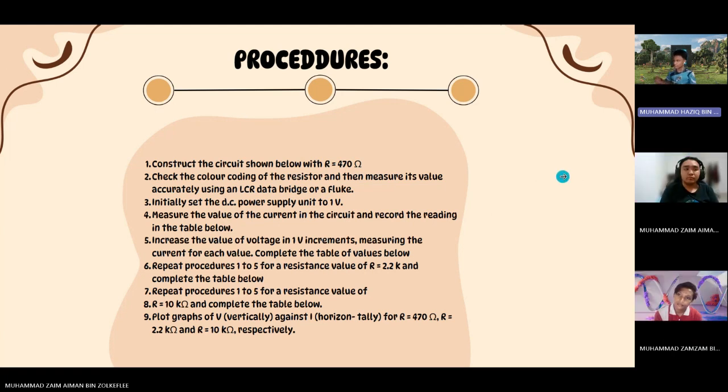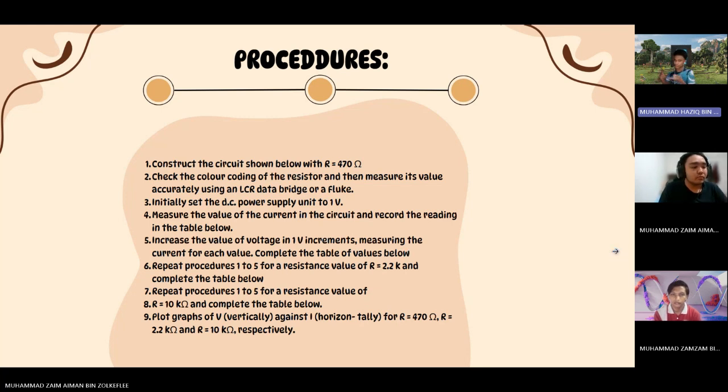The third one, set the DC power supply unit to 1 volt, then measure the current in the circuit and record the reading in the table below. I will show the table later. Then number 5, increase the voltage by 1 volt and measure the circuit for each value.